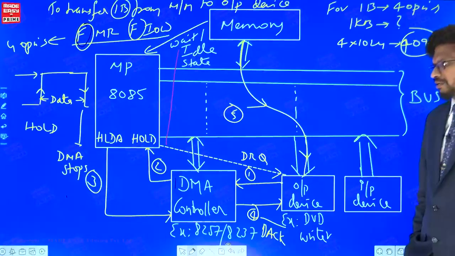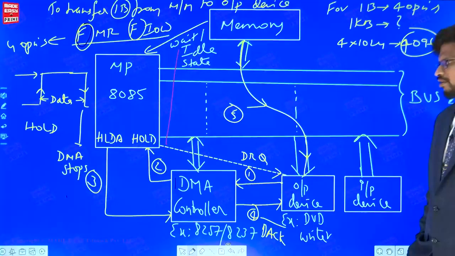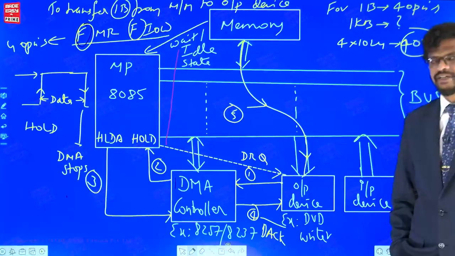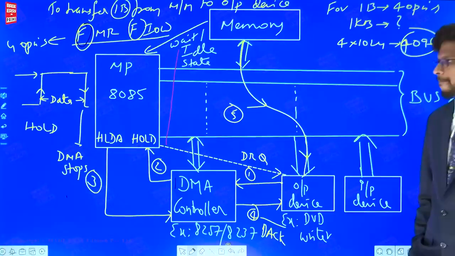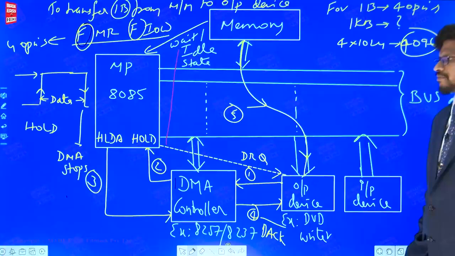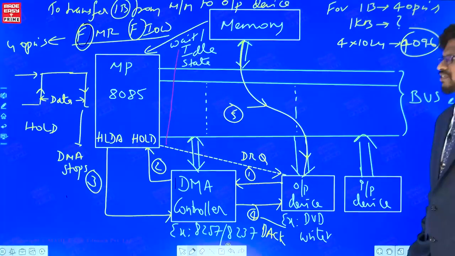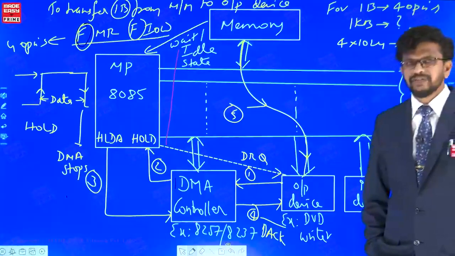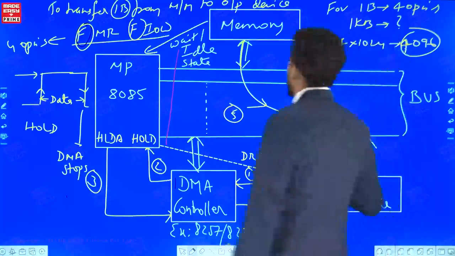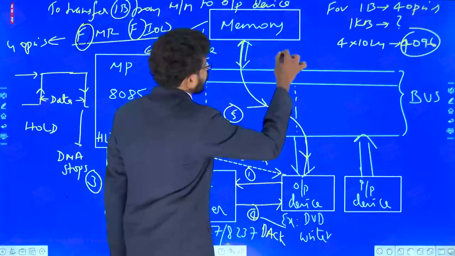The DMA controller sends an acknowledgement to the device which has requested the service. After this state, the control of buses is relinquished. Relinquished means the control is granted to.